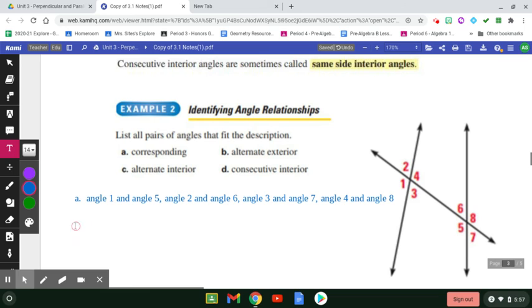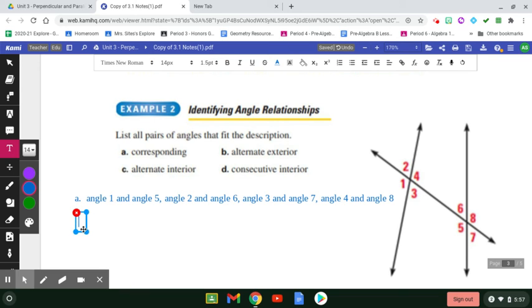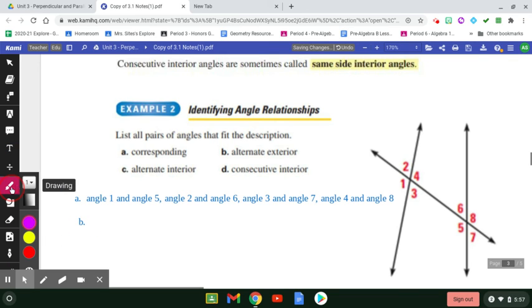Okay, next, we want to go with alternate exterior. So alternate exterior would mean that we're looking at angles that are on the exterior of the two lines, right? But on opposite sides of the transversal. So remember, this right here is our transversal. Okay, and again, this is the exterior, and this is the exterior.